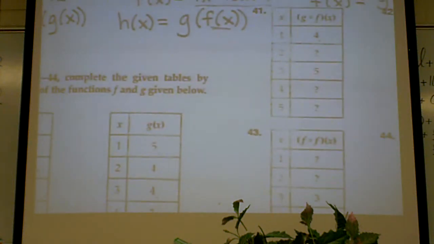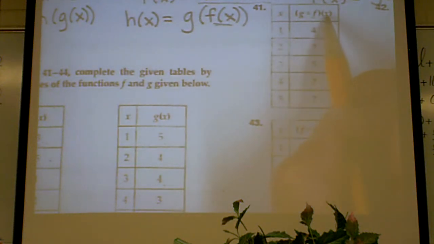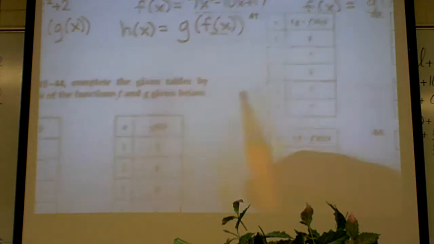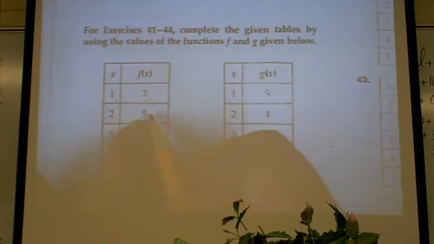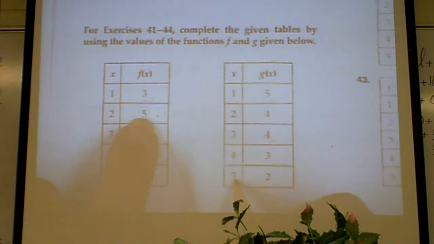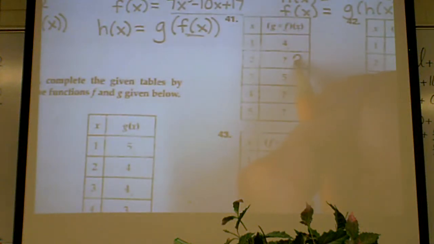So, let's fill this chart in, 41. What would you do for 2? You're going to put a 2 in the f function. And what comes out? A 5, it's your output. Then you're going to take a 5 and do what with it? Put it in the g function, and what's the answer? A 2. So this is a 2.